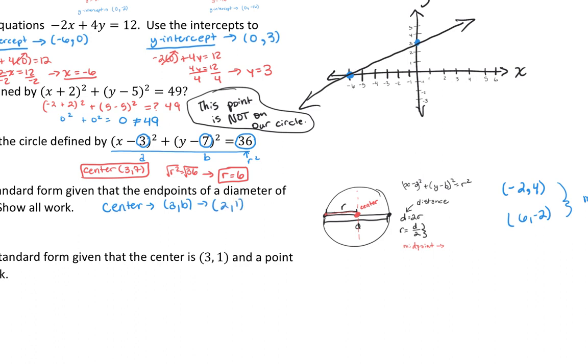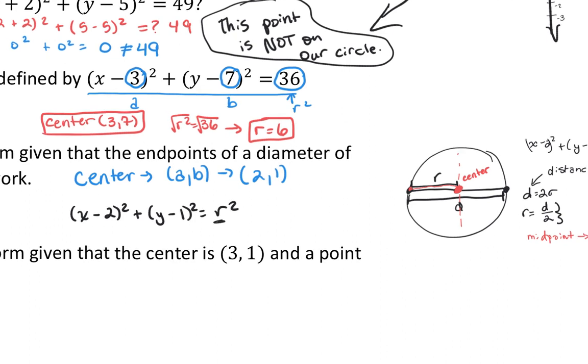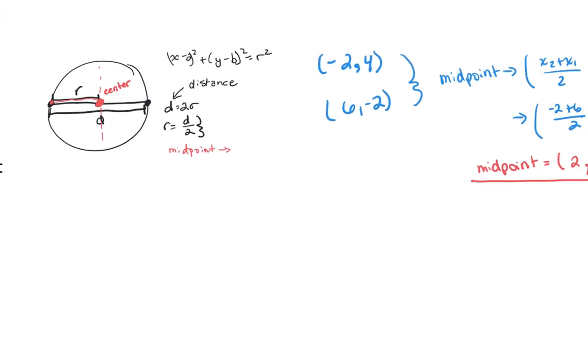So we have that much, so our equation looks something like this right now. But we still don't know r. So let's go ahead and find r. So I said that you could take the distance between your two endpoints and find the diameter and then divide that by 2. Or you can take from one endpoint to the midpoint and find the distance of the radius. I'm going to do the diameter route and then divide by 2.